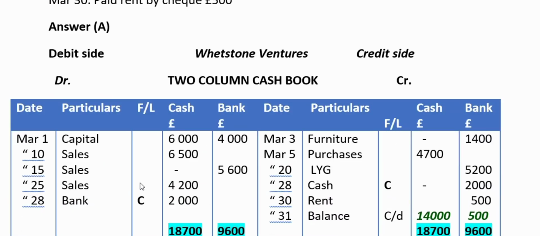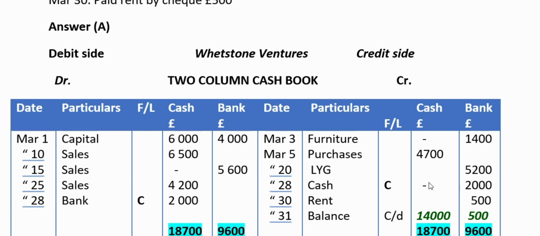Let's go to March 28. This transaction is recorded both on the debit side and on the credit side. As you can see, March 28 is on the credit side and also on the debit side, 2,000. So we show that on the credit side: cash was paid into bank.